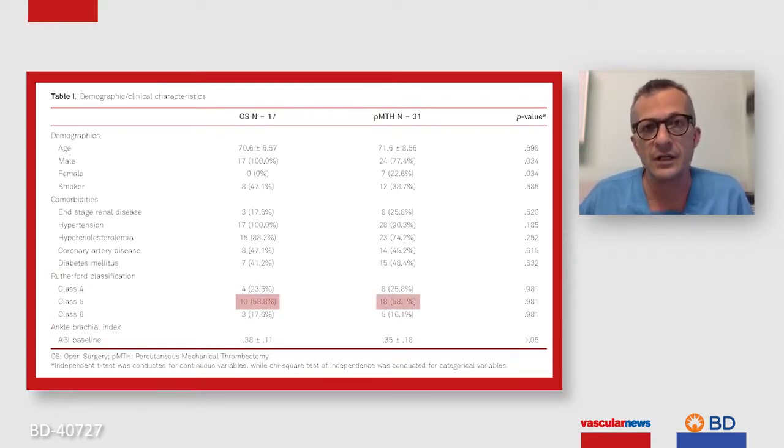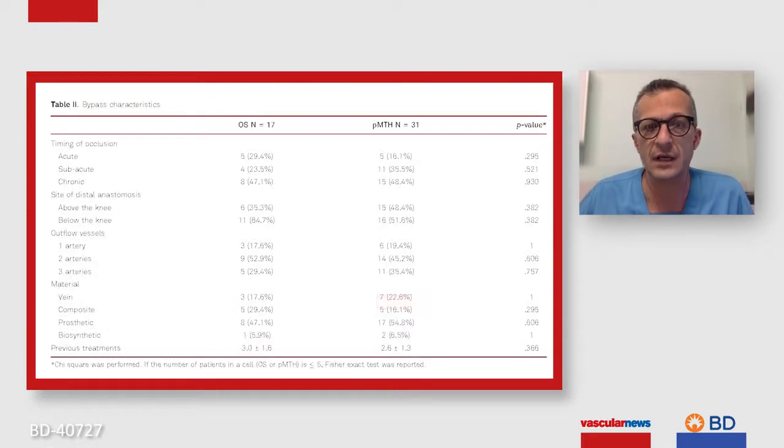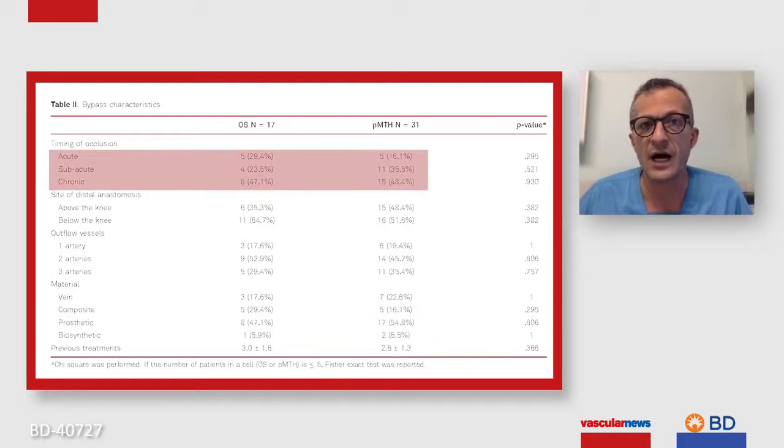And another important thing is that more than 70% of these patients have a subacute or chronic occlusion and then are not suitable for local thrombolysis.